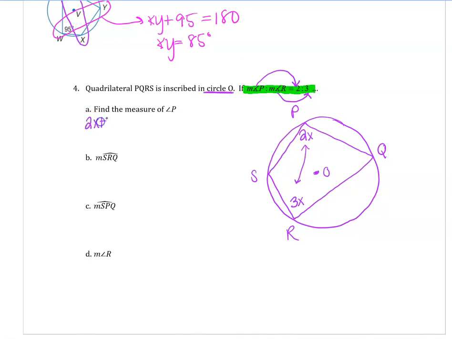So 2x plus 3x equals 180. I'm getting x to be 36 degrees. Angle P is 2x, so 2 times 36 is 72 degrees.